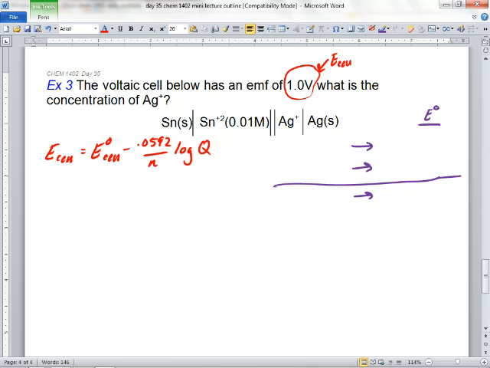There it is, 0.01. You just have to solve for it. I'm going to solve for silver. Yeah. n is going to be 6 on that one.